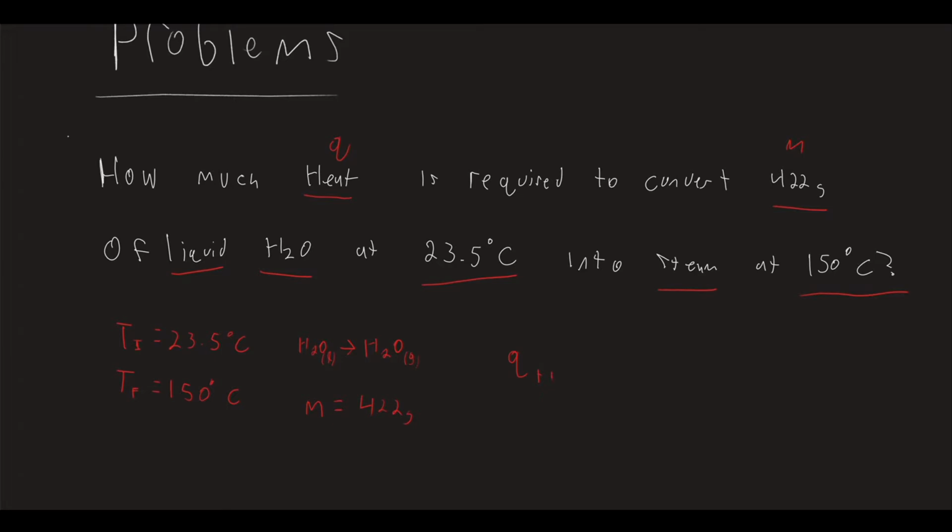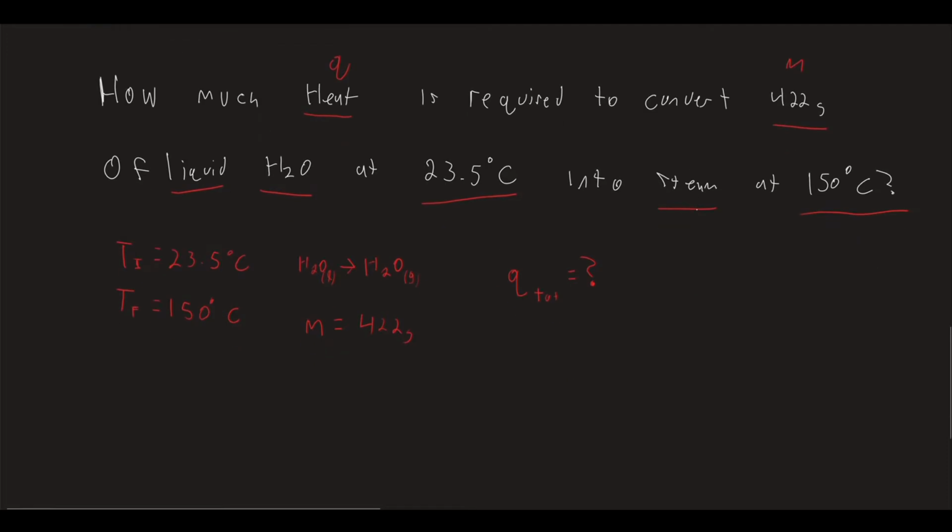So let's call this Q total. So I pretty much provided nearly all of the information we have here. And so we need one more piece of information. We need the equations, well, actually two more pieces of information. We need our equations, and we need any other constants that might be required for those equations.